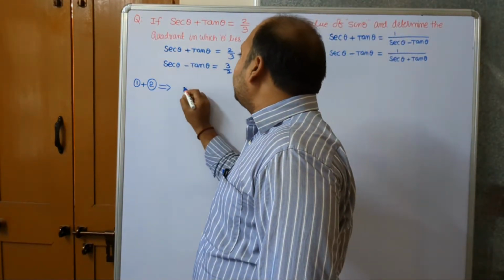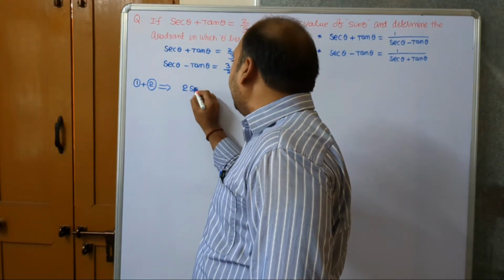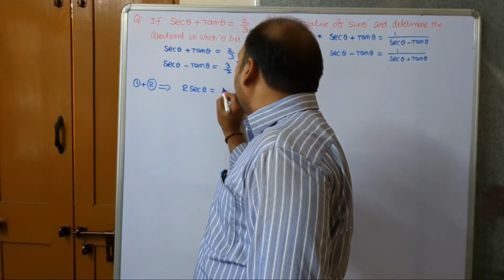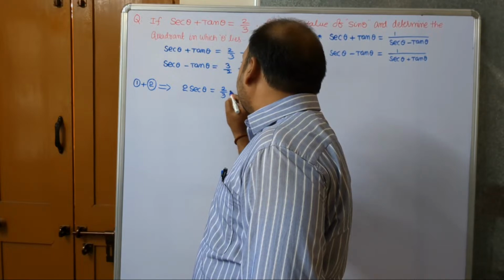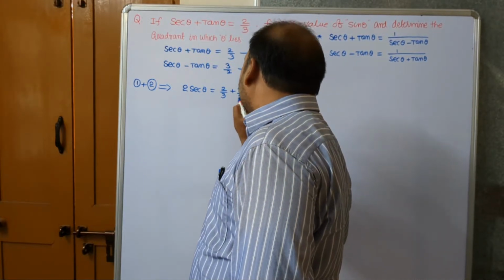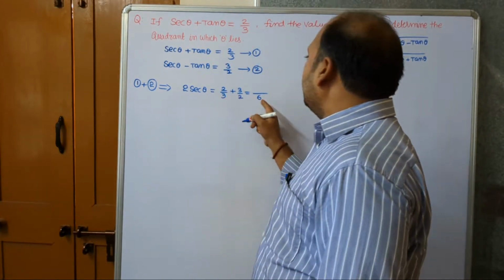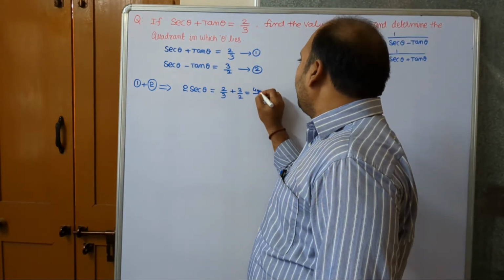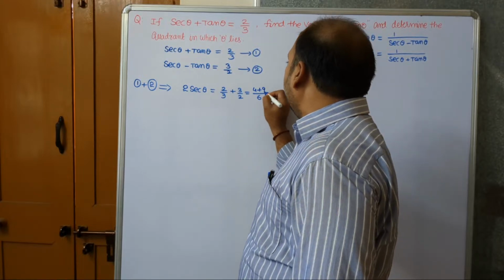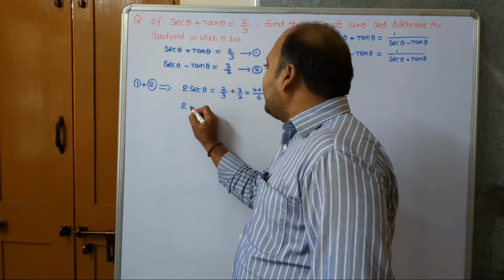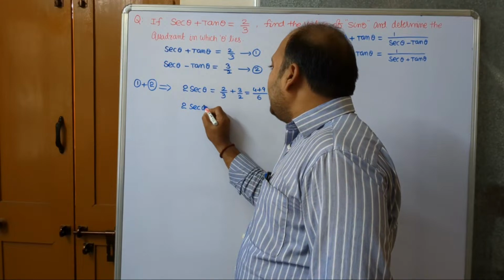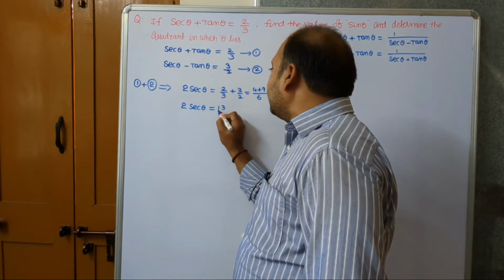Secant theta plus secant theta, 2 secant theta, is equal to 2/3 plus 3/2. Now take out the LCM, and 6 is the LCM. 3 2s are 6, so 2 2s are 4, plus 2 3s are 6, 3 3s are 9. So 2 secant theta is equal to 13/6.